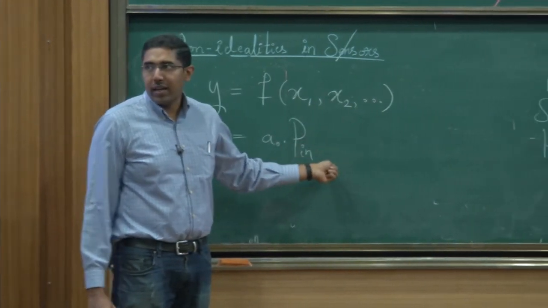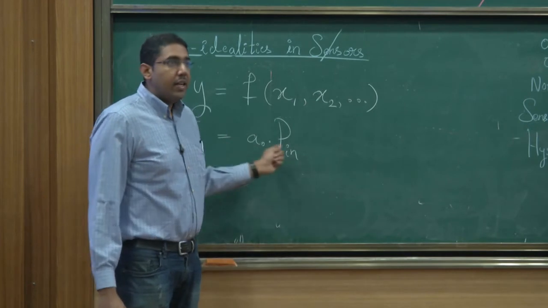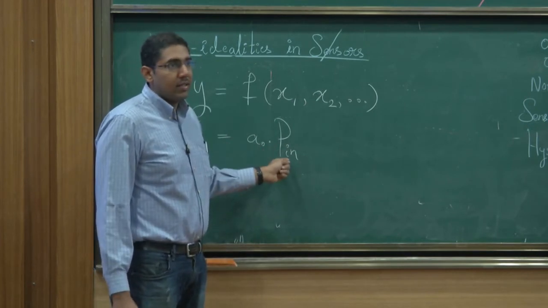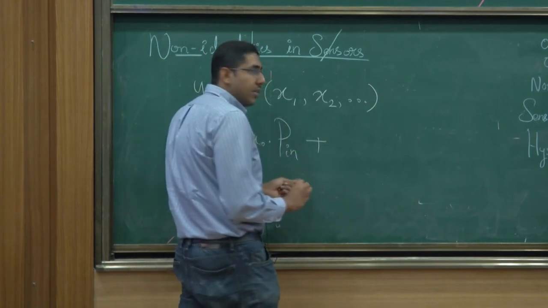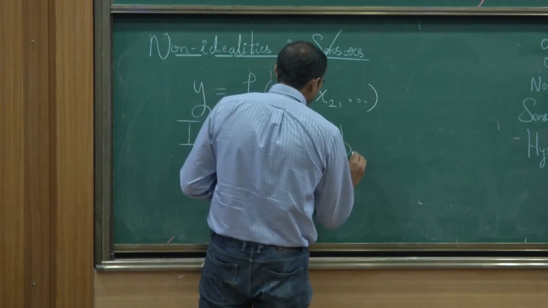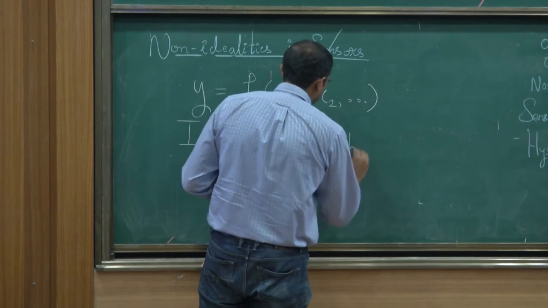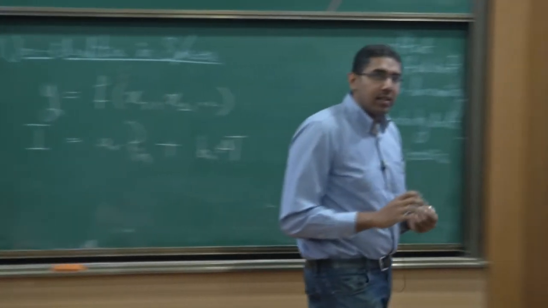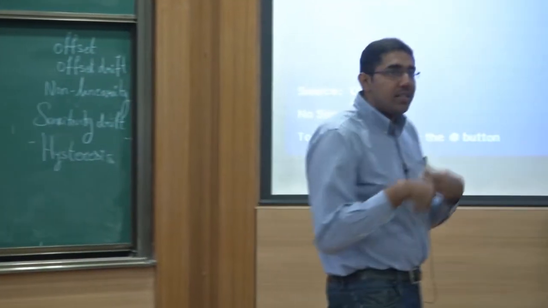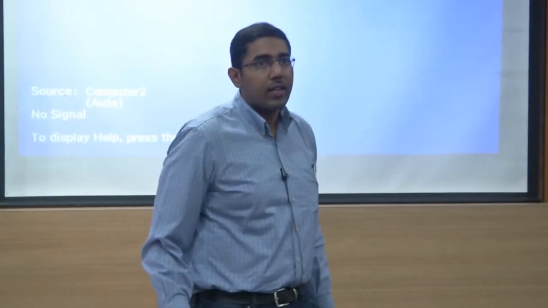This could be whatever light is hitting that photodiode. It is not just this, right? The current can depend upon the change in temperature also, right?